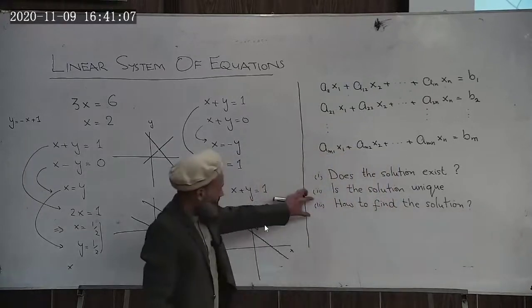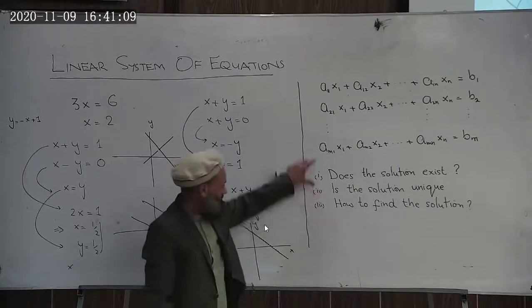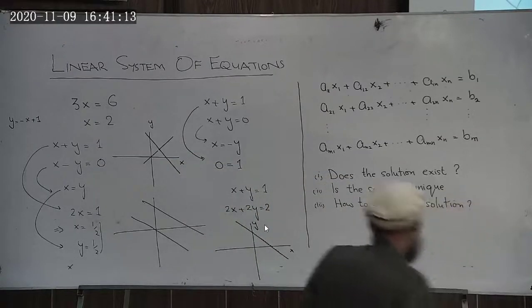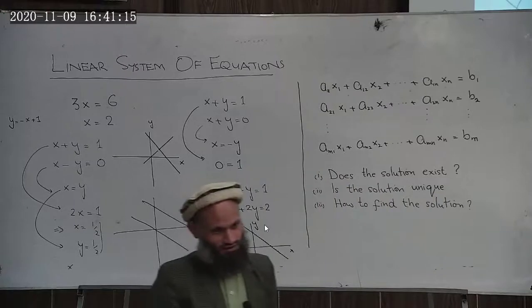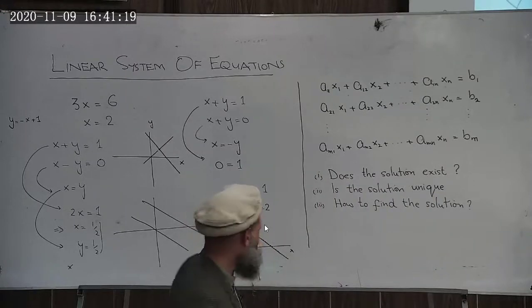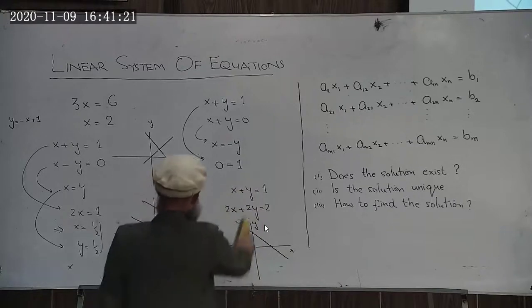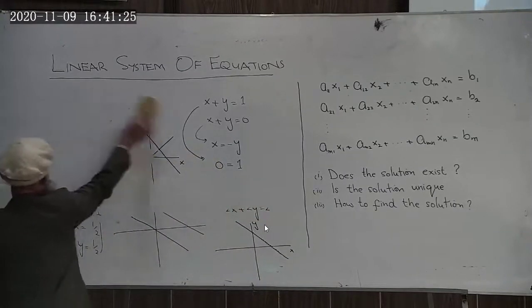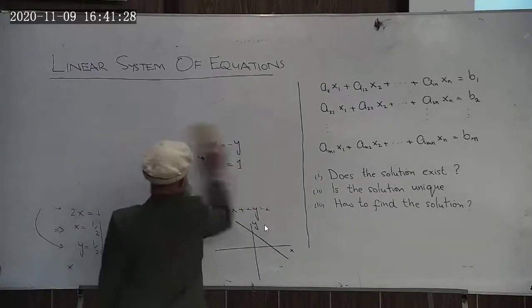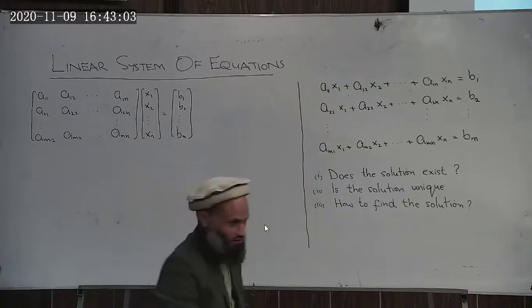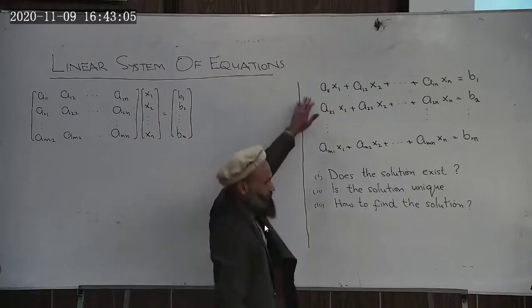So we start with the third question rather than the first question, and we utilize matrices to solve this system of linear equations. For that purpose, the first step is to write the system of equations utilizing matrices. If we multiply these matrices, we again get the same system of equations.